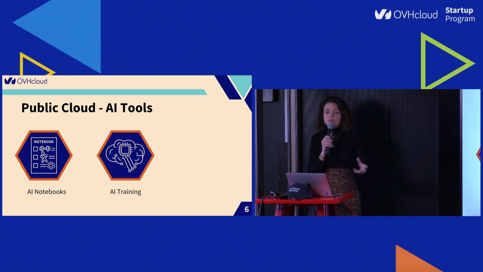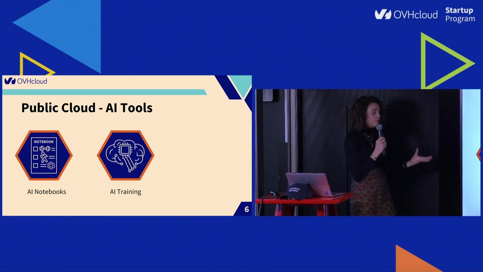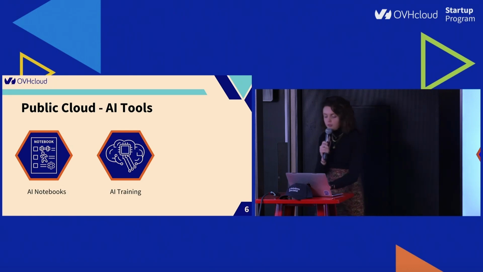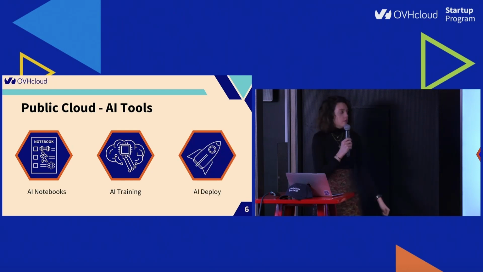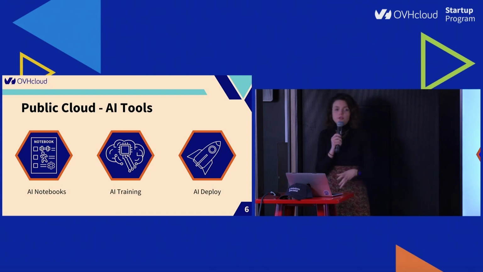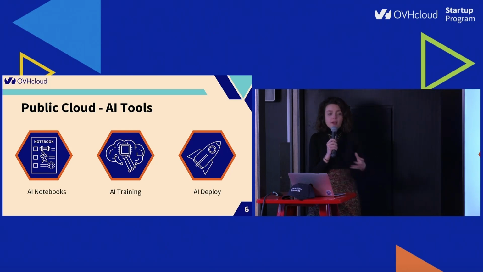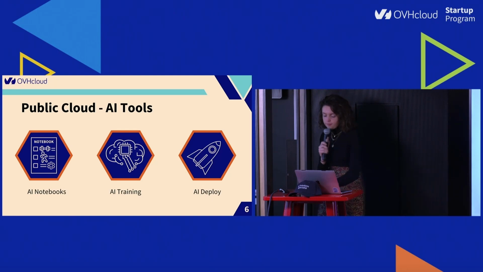You can launch AI training jobs very quickly with a simple Python file, for example, and you can also use your own Docker image if you need it. And the last one is not made for training, but for the deployment of AI models or AI apps. So you can develop some API or some apps or everything you want with a simple Docker image.